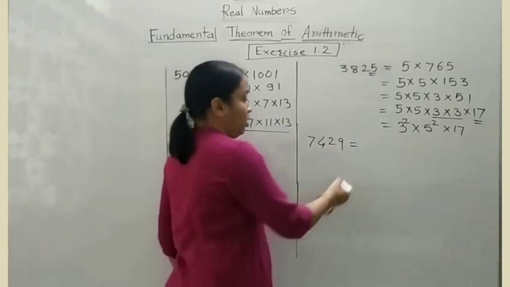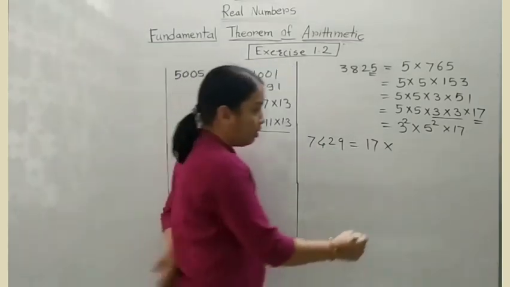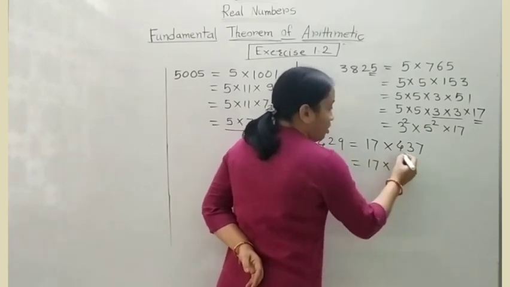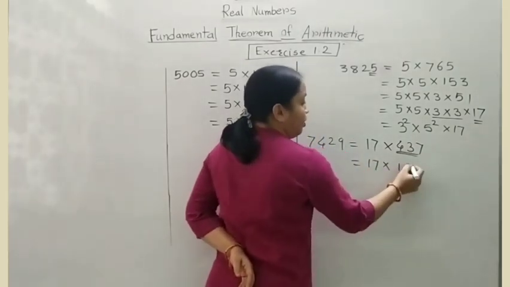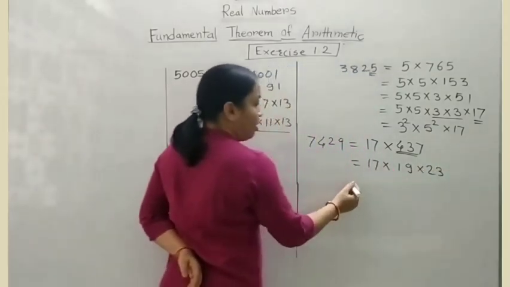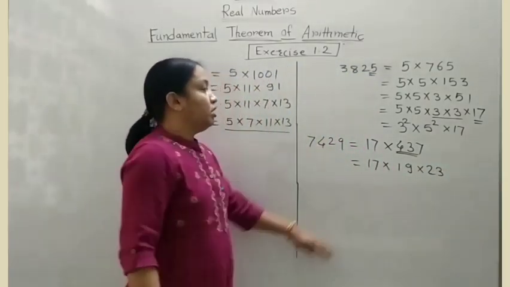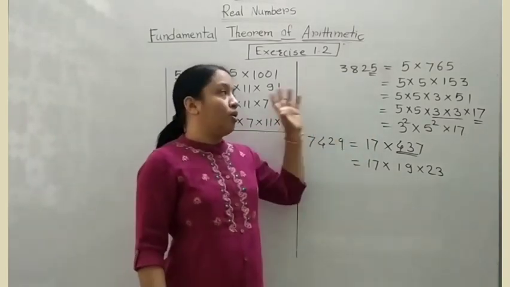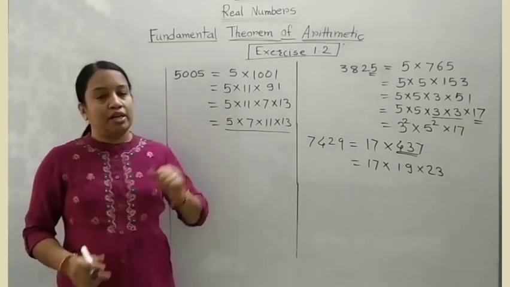Here 17 works, and you will get 437. Now this number is divisible by 19, so 19 into 23. If you multiply these, you will get this number. This is how you can do the prime factorization.